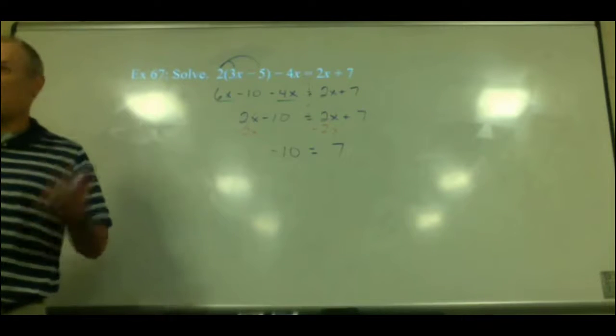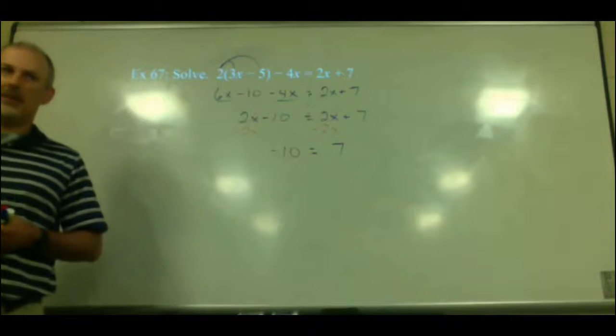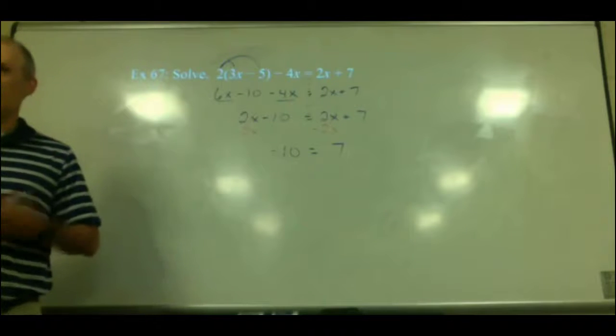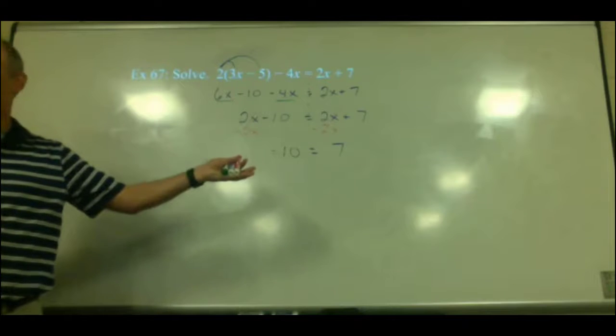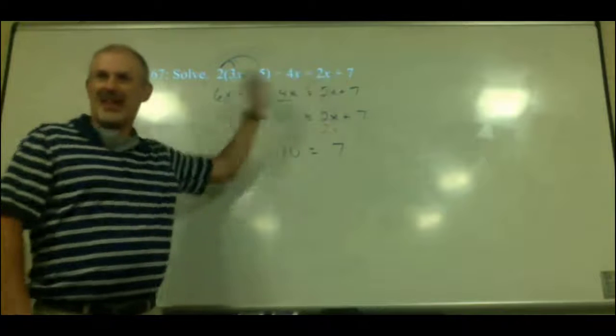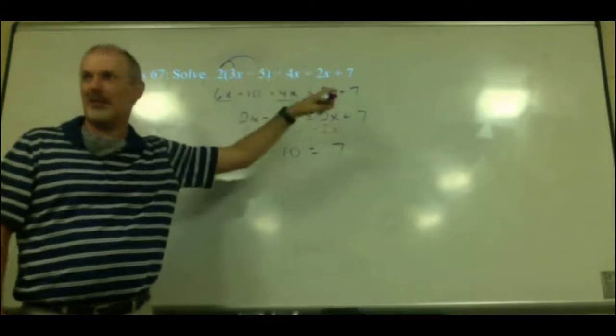The x is gone. Now what we're left with is a statement. That statement is either a true statement or a false statement. In this case, does -10 equal 7? No, this is a false statement. What that means is, because the x's cancel out, it doesn't matter what you put in for the x's, they will cancel out.